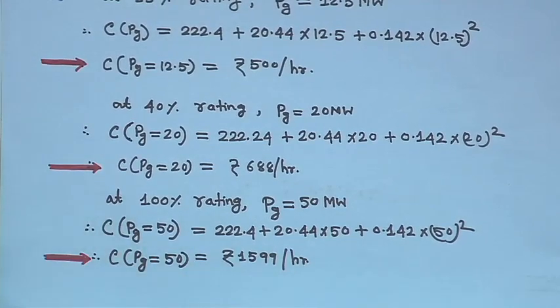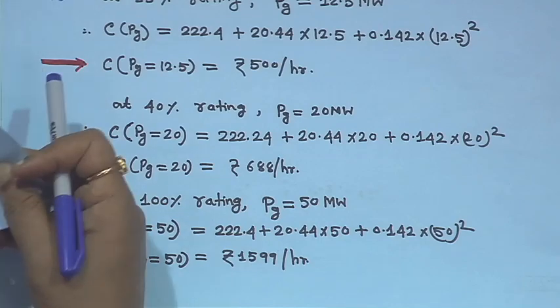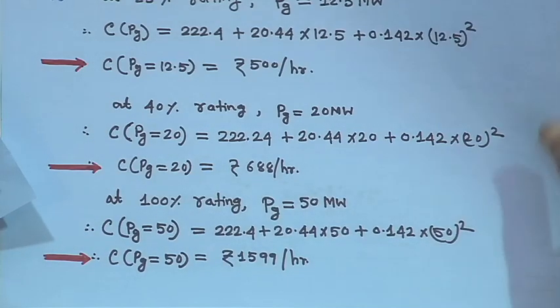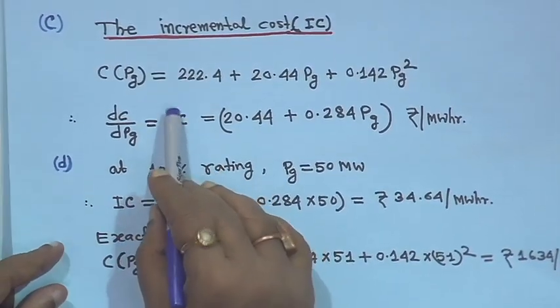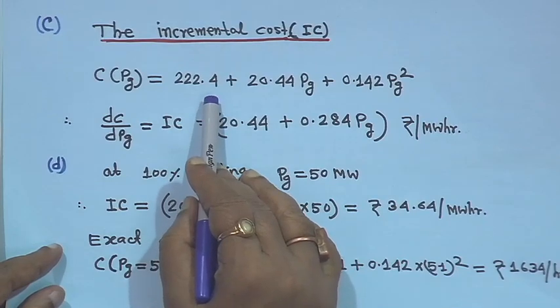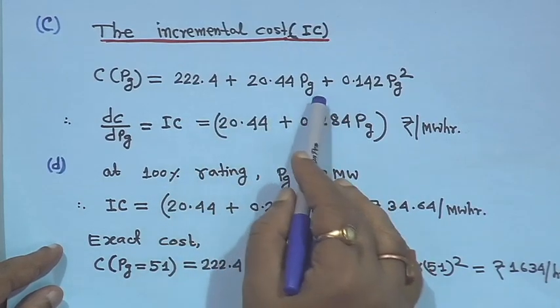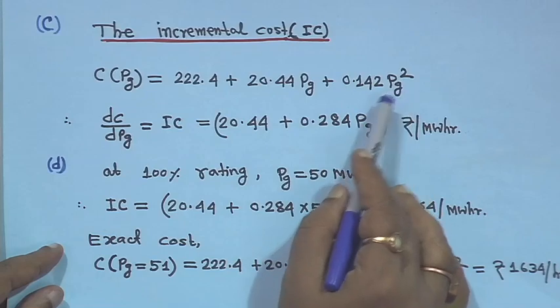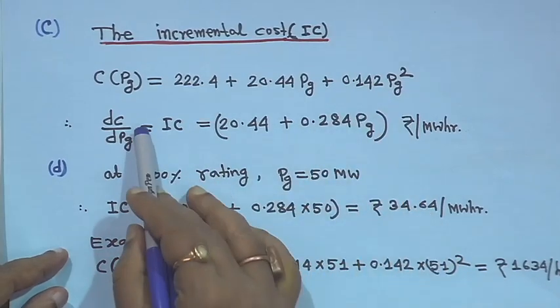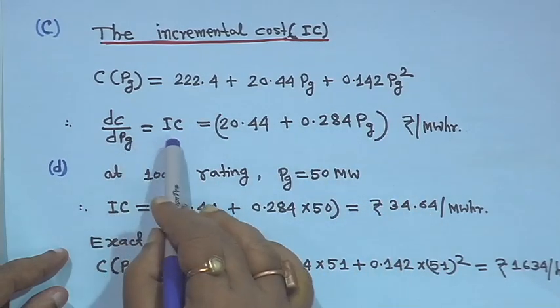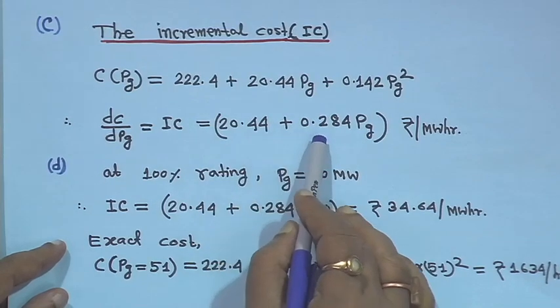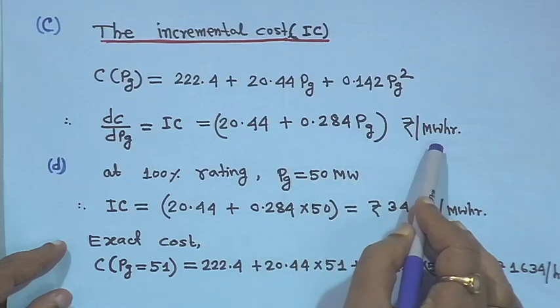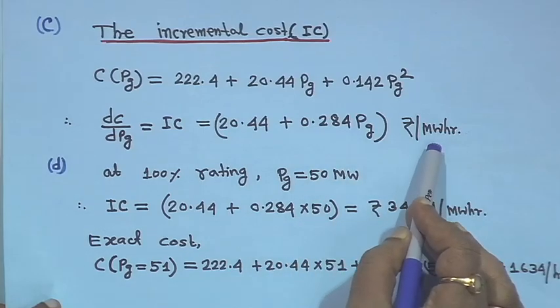Now, for the incremental cost you have to take the derivative of C with respect to Pg, right. That means C(Pg) is 222.24 plus 20.44 Pg plus 0.142 Pg square, this we have obtained. Now take the derivative dC by dPg, which is the incremental cost IC, that is 20.44 plus 0.2284 Pg rupees per megawatt hour, right.